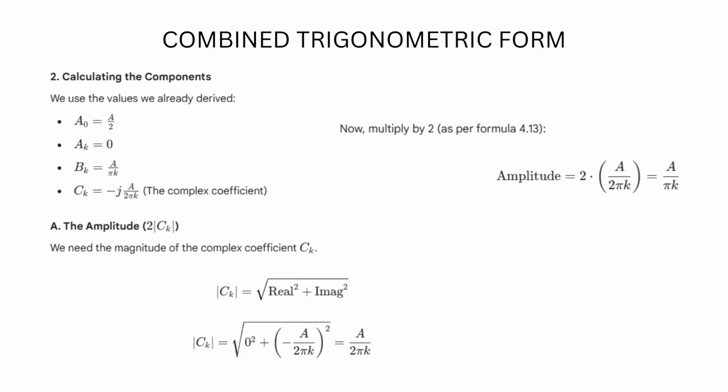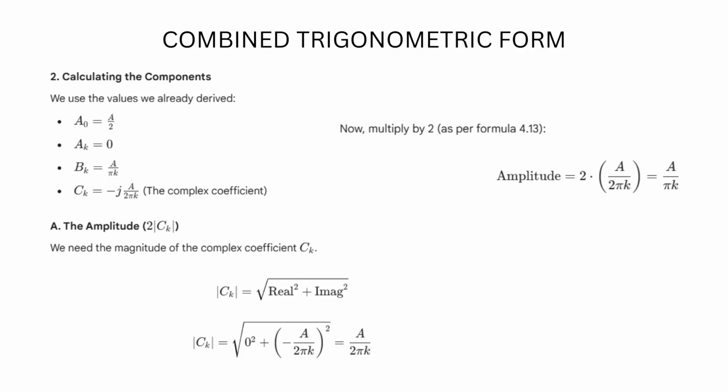Now we use the values we already derived. A naught equals a over 2, a sub k is equal to 0, b sub k is equal to a over pi k, and c sub k is equal to negative j a over 2 pi k, which is the complex coefficient. For the amplitude 2 times the magnitude of c sub k, we need the magnitude of the complex coefficient c sub k.